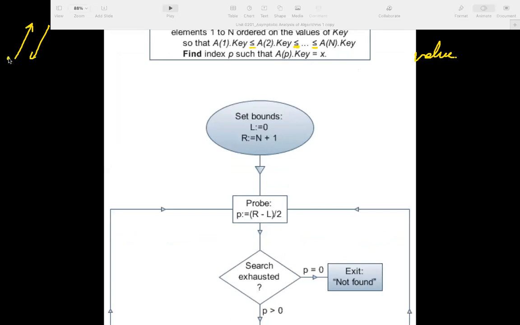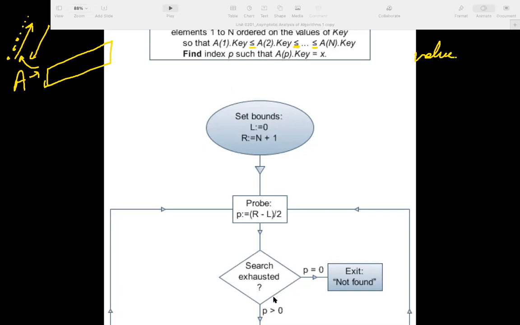One is the least, then two is greater than the first one, the third is greater than the second one, and so on and so forth. So this array A is going to be an ascending order array, right? And the elements are stored 1 to n, ordered on the values of the key. Yes, I have two chats here: ascending order, ascending order. Perfect. Good.